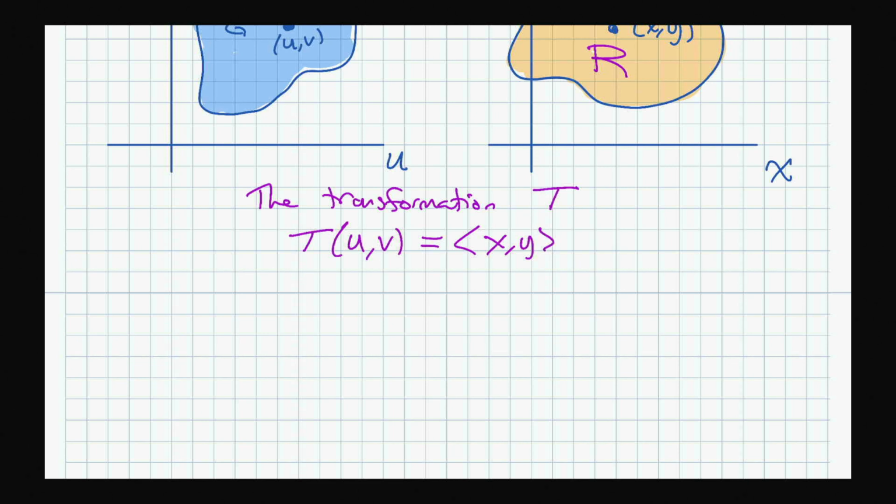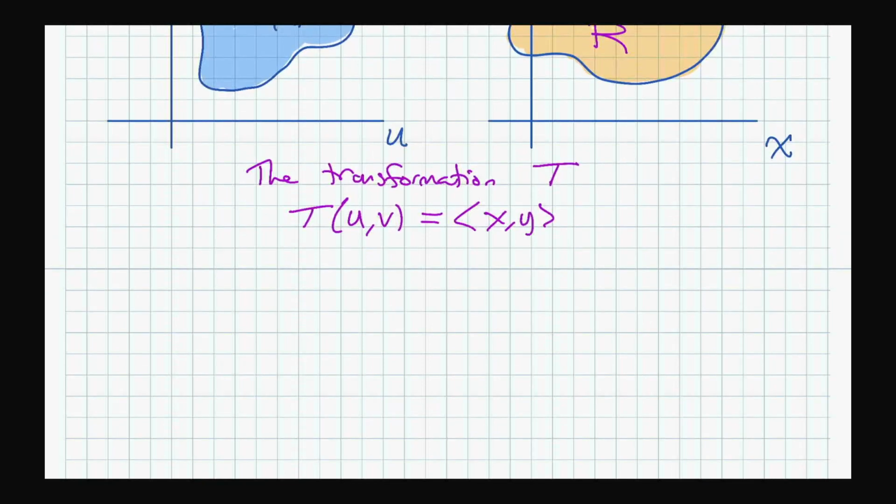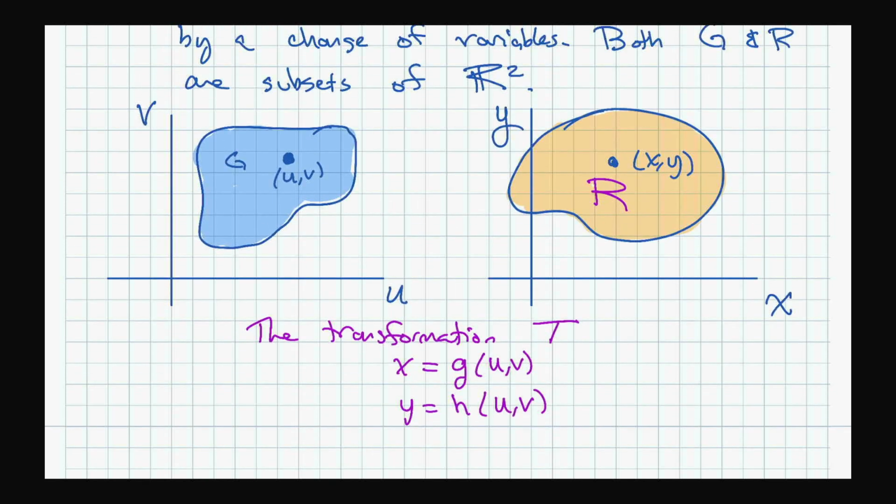You could put them in a vector if you want, or you could write it like this. The transformation T could be x equals one function of u and v, and y equals another function of u and v. So the transformation T takes you from over here to over here. And that's just called a transformation.